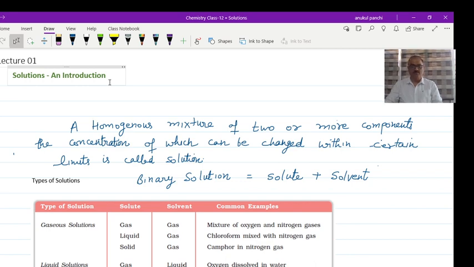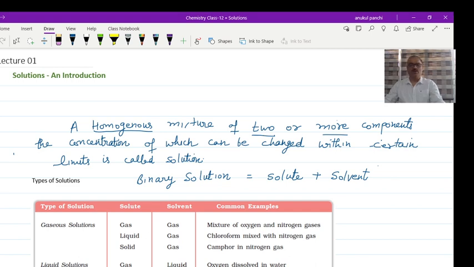And a solution is a homogeneous mixture of two or more components, the concentration of which can be changed within certain limits. Okay, there are limits. Between these limits we can change the concentration.